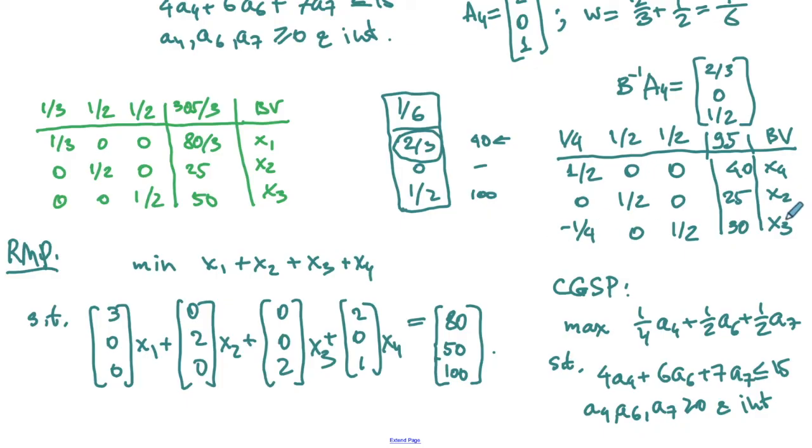We see that x3 is equal to 30, x2 is equal to 25, and x4 is 40.